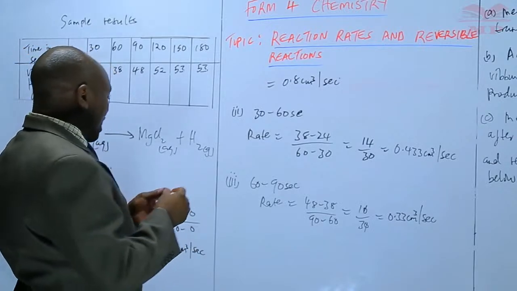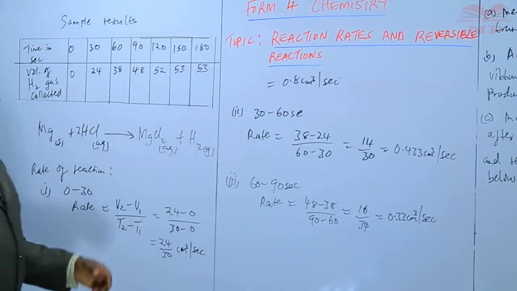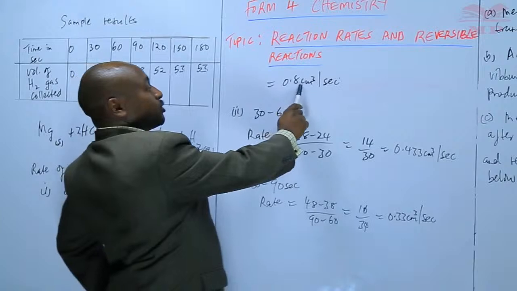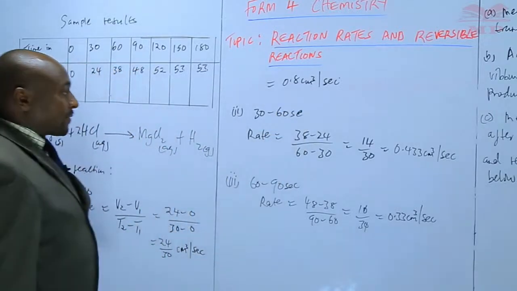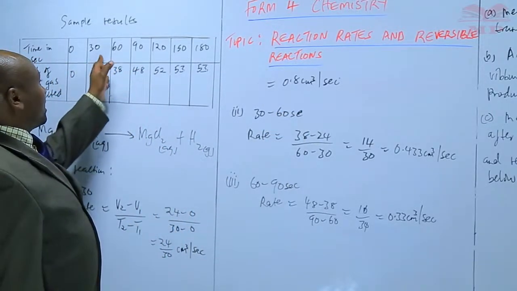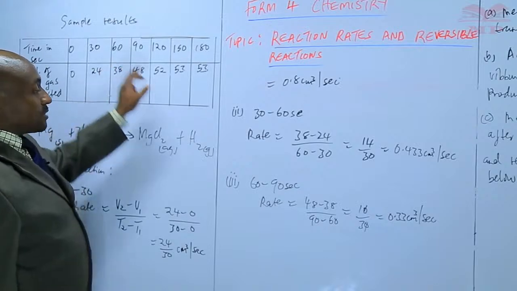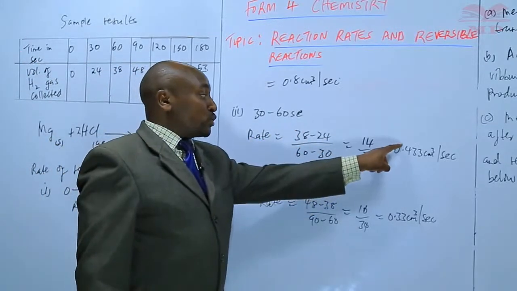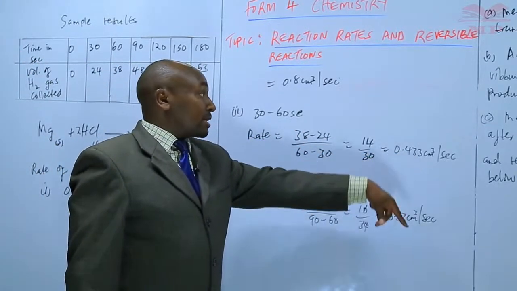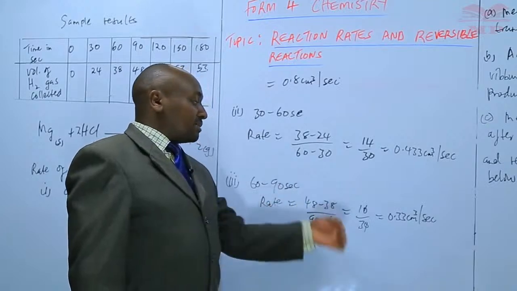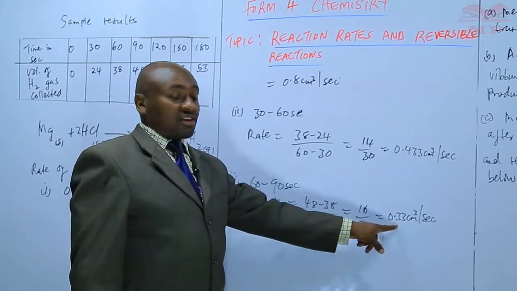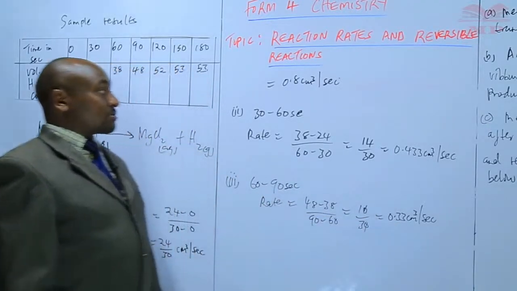From this, we have noted that initially we were collecting 0.8 cubic centimeters every second. But after 30 more seconds, the rate decreased to 0.433 per second. And then after 30 more seconds, we had 0.33 cubic centimeters per second.